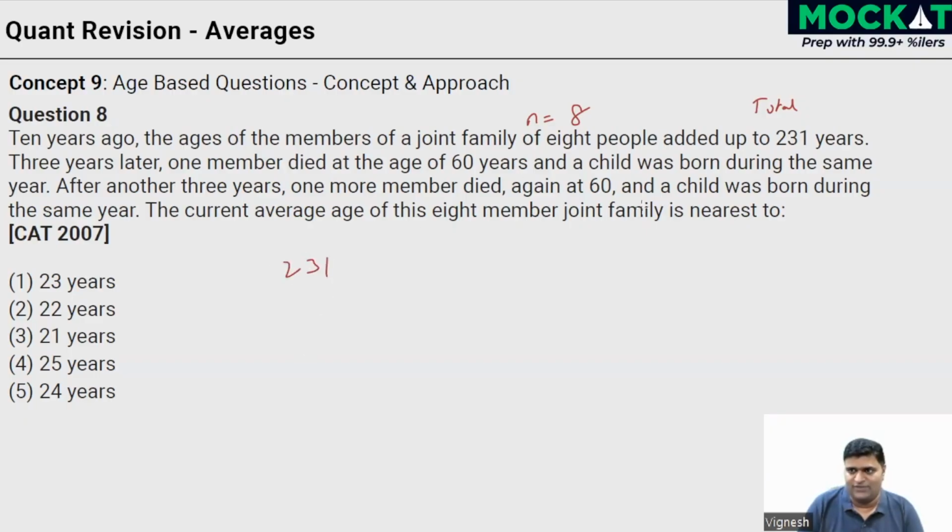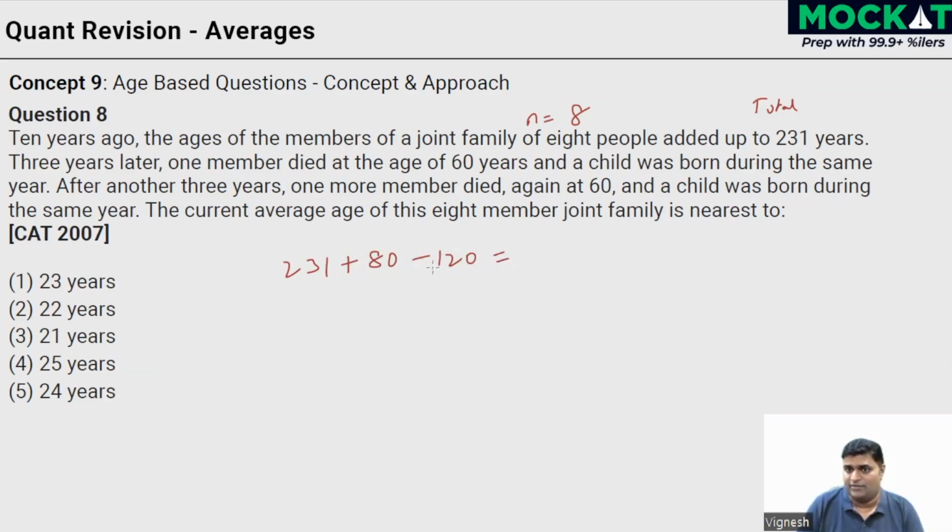If none of these happened, 8 remained 8, the total should have just gone up by 8 into 10 years, which is 80. However, 60 was removed twice, so minus 120. I don't need to start adding these people up till 60 and then a child over here, because the 60 was just replaced with a 0. So a minus 120.